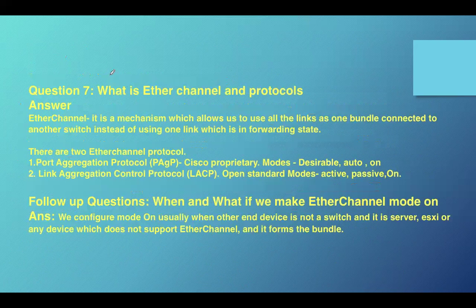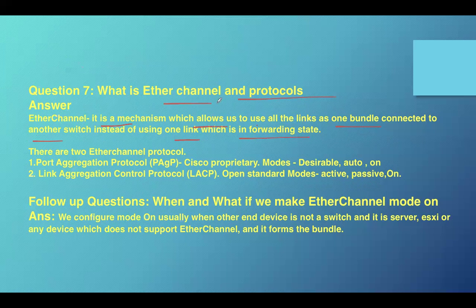Okay. A very important question from switching is what is Ether channel and its protocols? You should know what Ether channel is. It bundles multiple links into one logical bundle, right? It is a mechanism which allows us to use all the links as one bundle connected to another switch instead of using one link which is in forwarding state.